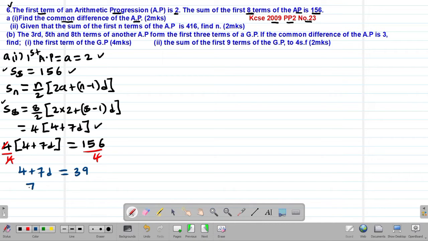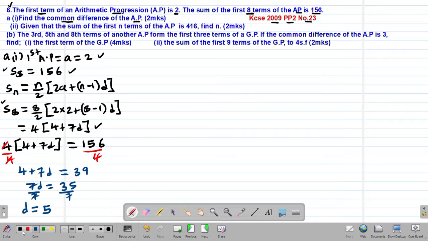So that means that 7d will be equivalent to 39 minus 4. I'm going to get positive 35. Then I divide through by 7. So the value of d, which is the common difference, will be equal to 35 divided by 7, which is going to give me a positive 5.